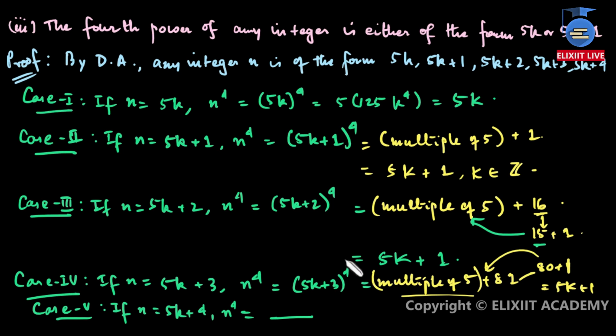Okay. So in all 5 cases, you will get either of the form 5k or 5k plus 1. So, write down the conclusion at the end after solving this fifth case: the fourth power of any integer is either of the form 5k or 5k plus 1. That's all.